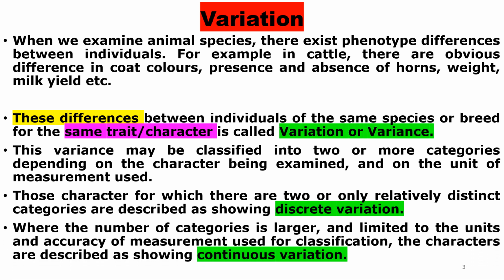But those that could be categorized into a larger number of categories, limited only by the units and accuracy of measurement used for classification, are said to show continuous variation.